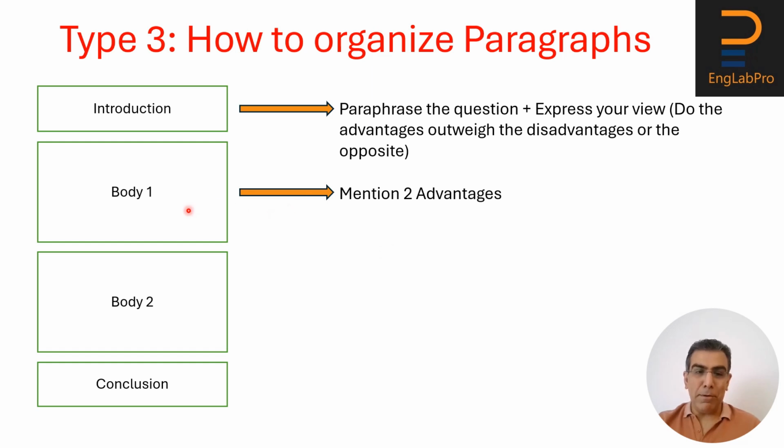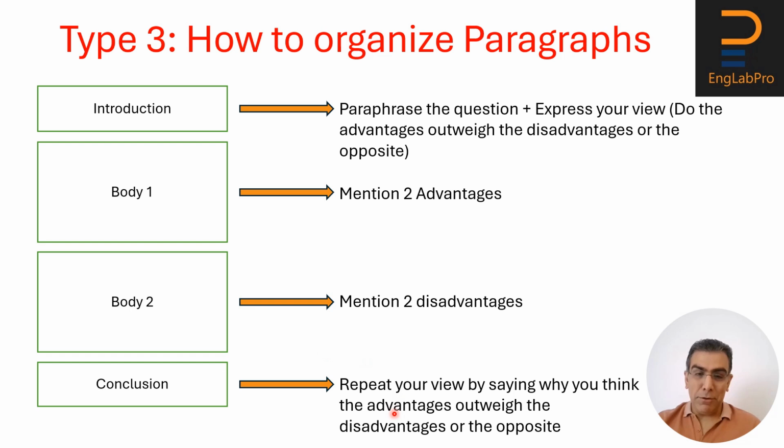In the first body paragraph, you should write the advantages, at least 2 advantages. I don't recommend writing more because writing 3 advantages will take a lot of space. And then body paragraph 2 mention 2 disadvantages. Again, 2, not 1 and not more than that. If you write more, there is no problem, but you wouldn't have time to manage it.